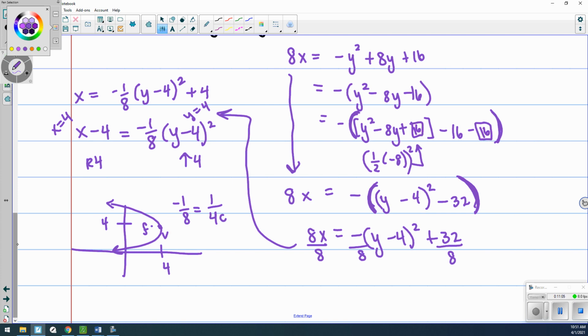What's the value of c? Well, I can just look at this and see that c would be negative 2. 1 over negative 8 equals 1 over negative 8. So c is negative 2. That means I need to pull this focus back 2 units, and that makes the location of my focus 2, 4. So to point that out more clearly, this is c, which came from this business right here.